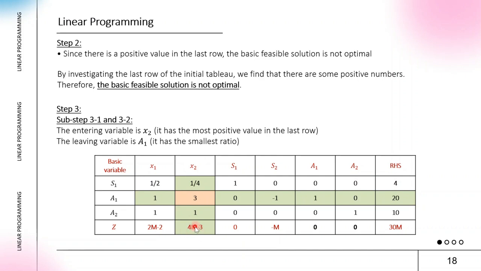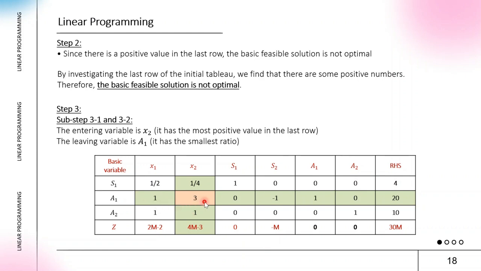We compute the ratio of the right hand side to the pivot column coefficient for each row. The smallest ratio determines the leaving variable. In this table, A1 has the smallest ratio and leaves the basis. We can see the pivot column and pivot row position on the table.